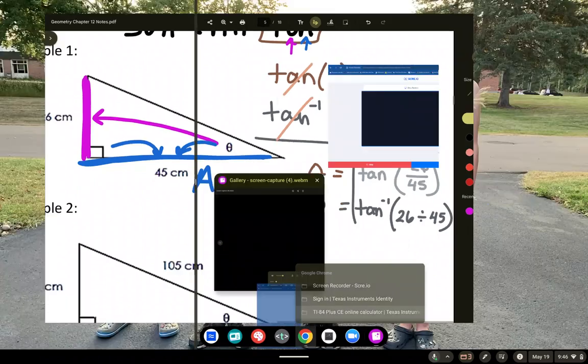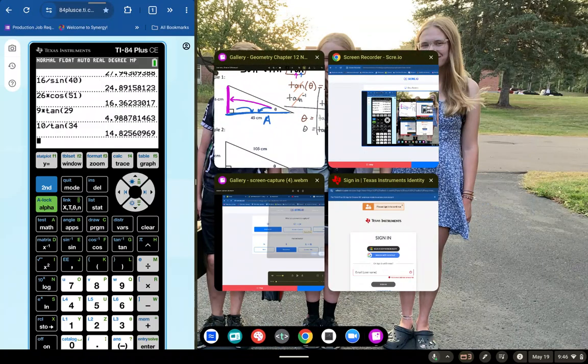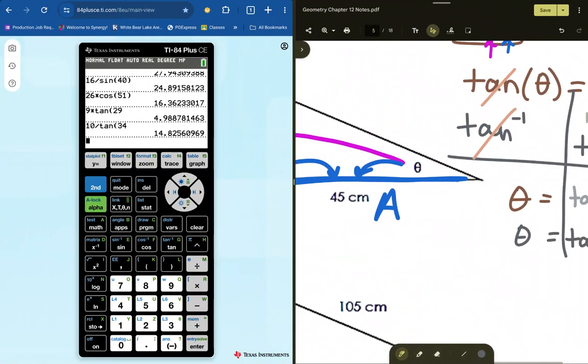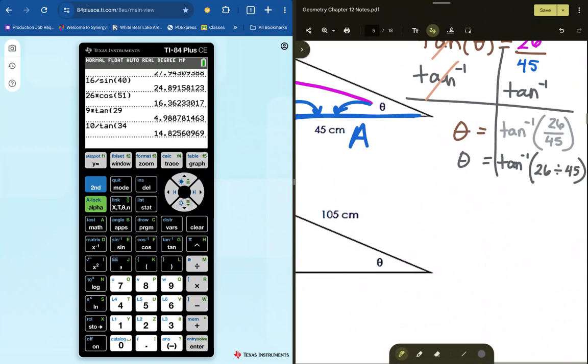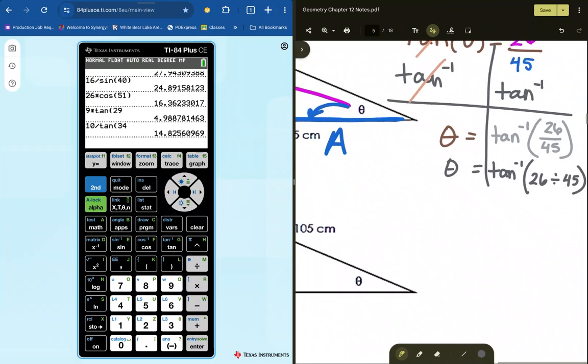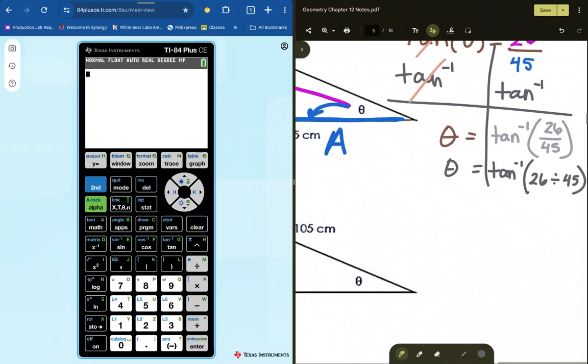Let's see here, calculator. Okay, on my calculator, maybe I can keep these both up at the same time. Fantastic. So I'm going to type in, let me clear this out, the inverse tangent. So tangent, the button, right above it, I can see tan -1, the inverse. So I'm going to hit the second button on the left.